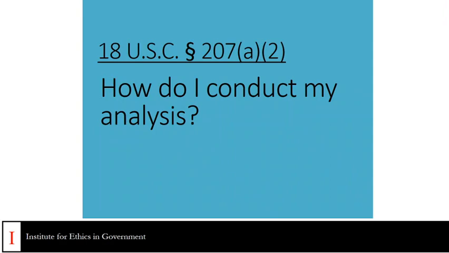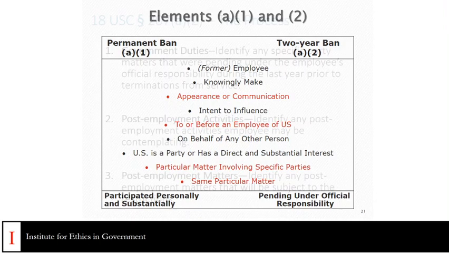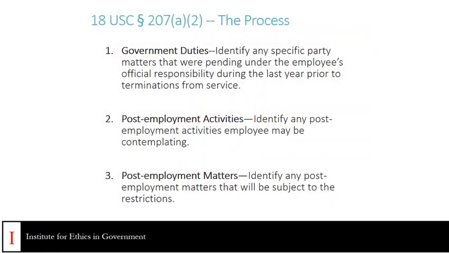So how do I conduct my analysis? In order to facilitate your analysis, we've suggested an analytical process that effectively groups and orders the elements of 207(a)(2) into 3 steps. We begin with government duties.